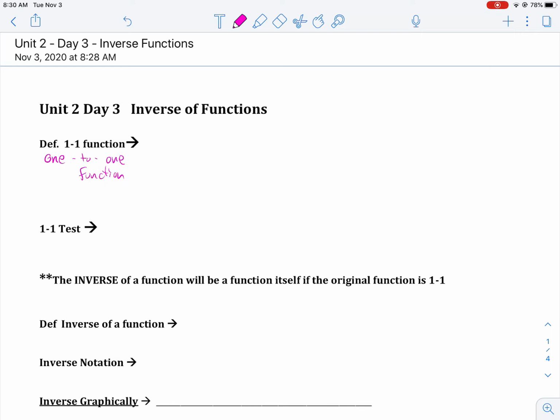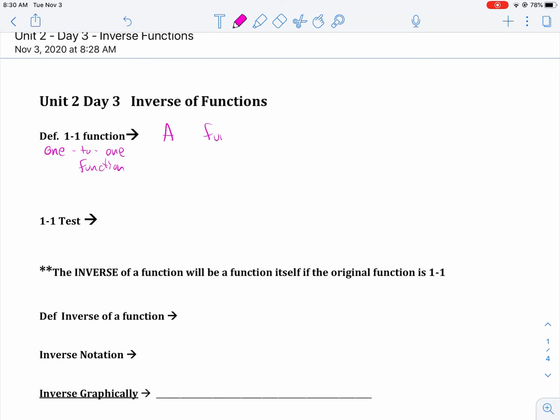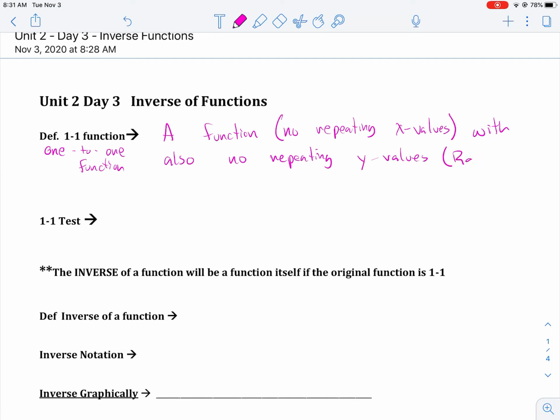So the definition of a 1-to-1 function is a function with no repeating x values, which is important about a function, and also no repeating y values, in parentheses, range.